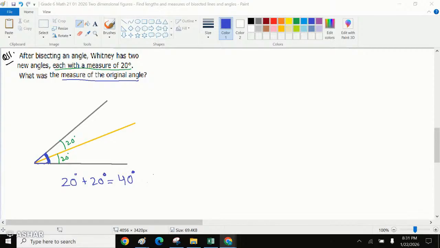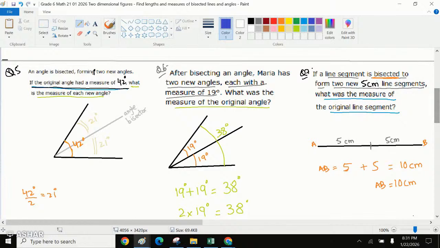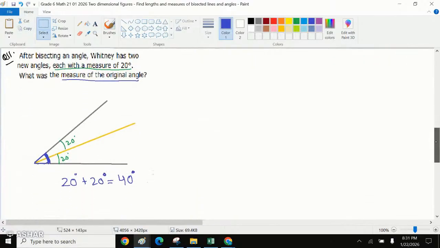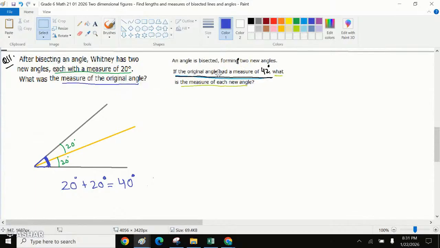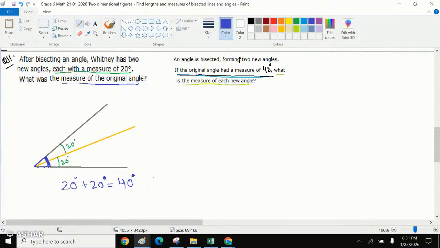Okay. Let's copy the statement and try to make a question out of this. This is our question number 12.